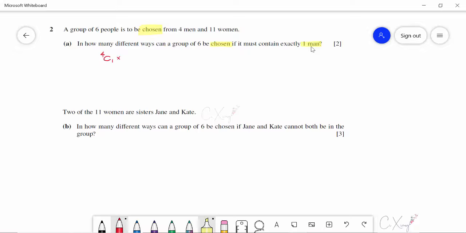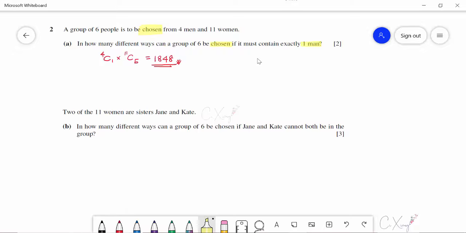Multiply, the remaining will be women, right? So from the 11 women, you want to choose the remaining into the group, which is 5 of them. So it will be 4C1 multiplied with 11C5, and the answer is 1848. Okay, so this is how we actually get the answer for the number of combinations for this question.